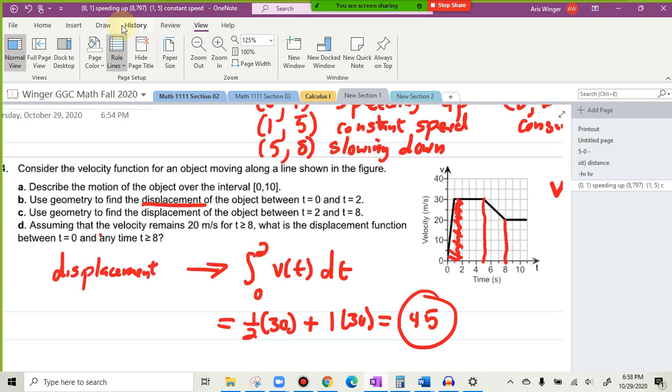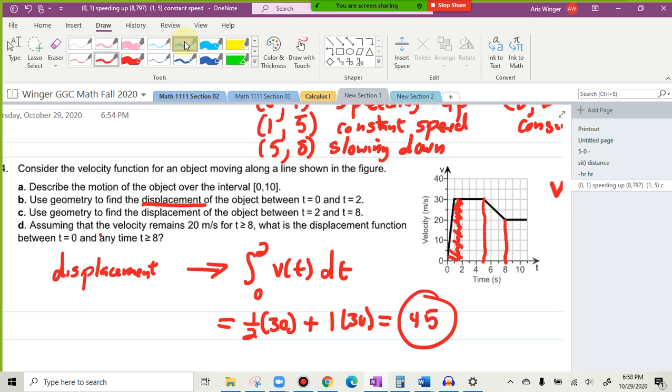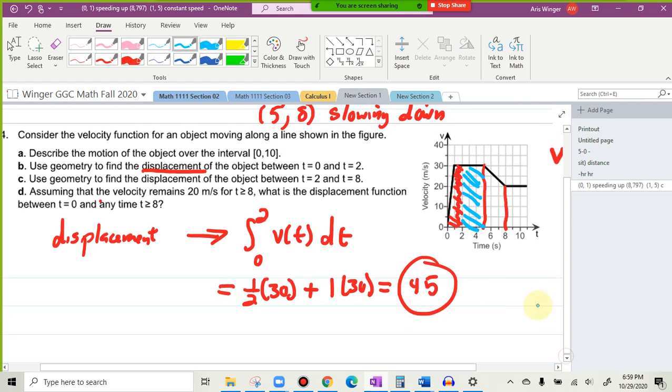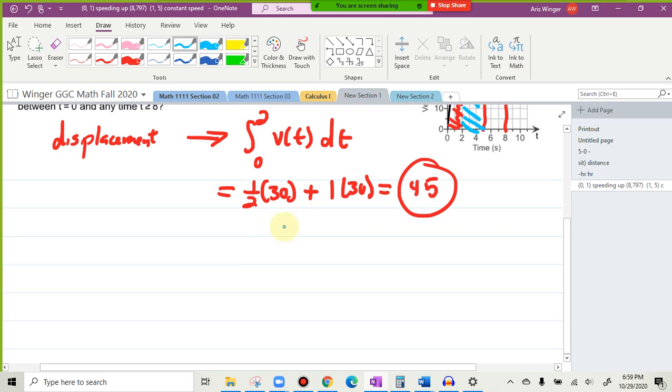So from 2 to 8, we'll put it in green. We'll go from 2 to 5. From 2 to 5, that is just 3 by 30. So from 2 to 8, it's the integral from 2 to 8 of v of t dt, and we'll use some integral properties.